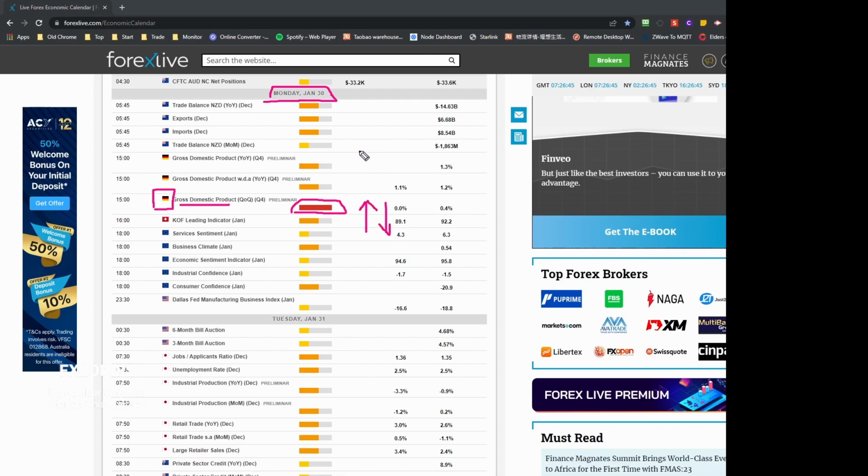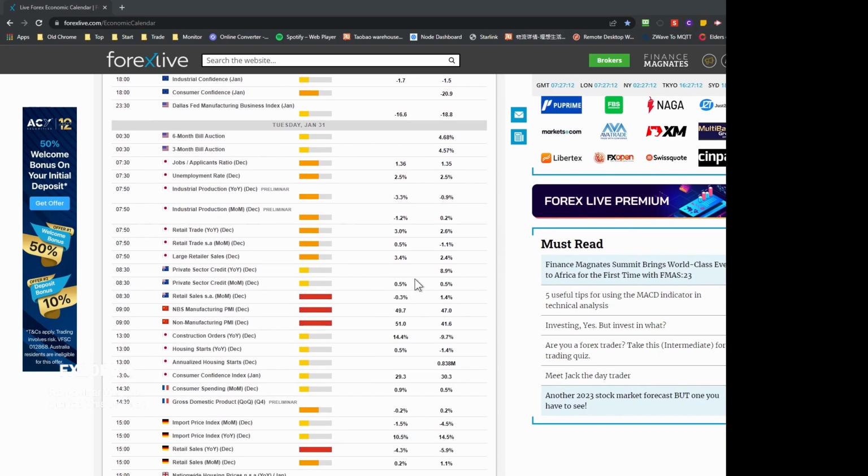And then remember there is a pair known as Euro GBP. So this might affect this pair, which in turn affects the GBP to go up or down, right? So that is for Monday.